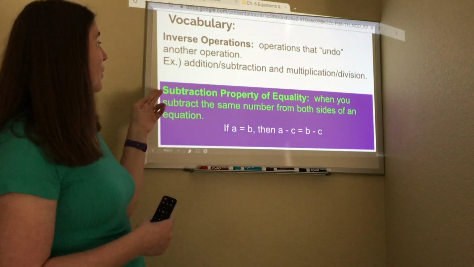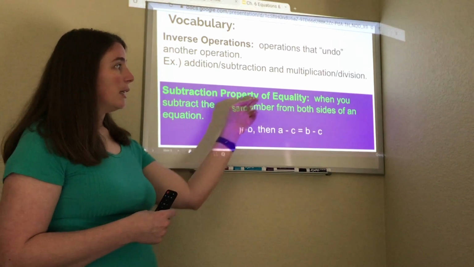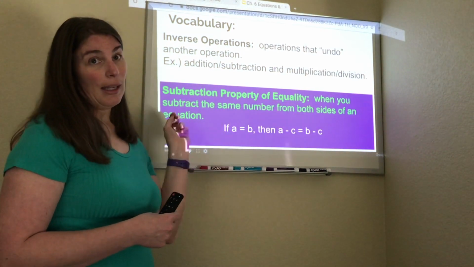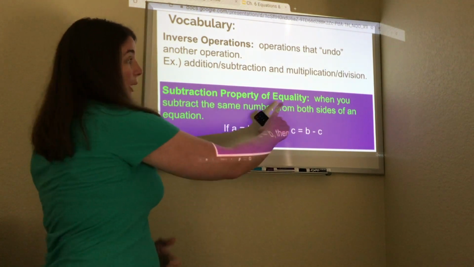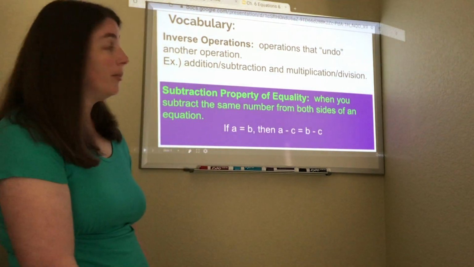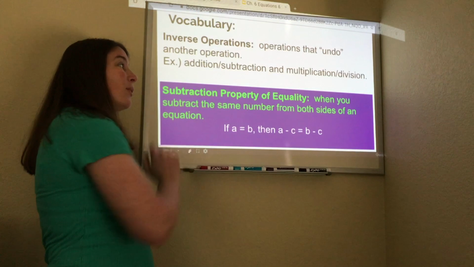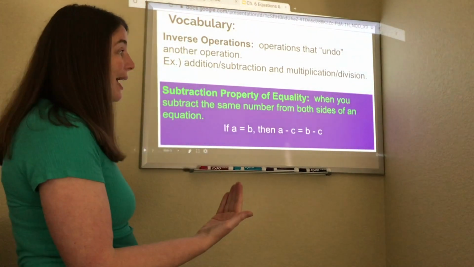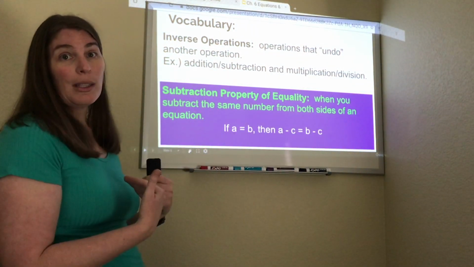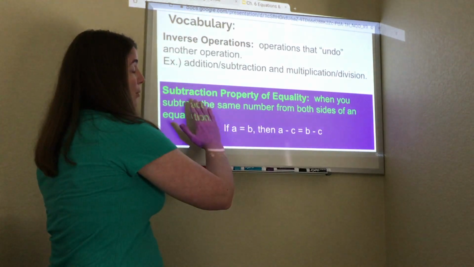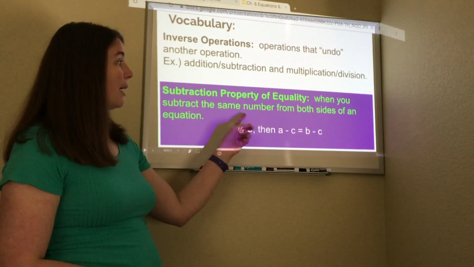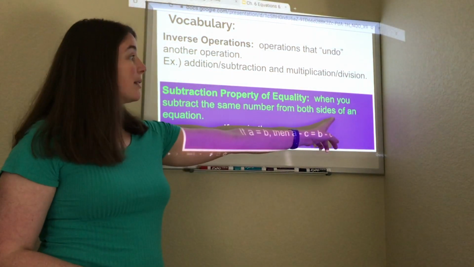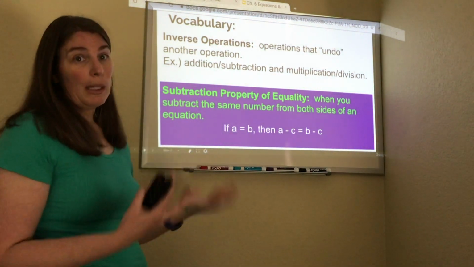Today we're going to be working on the subtraction property of equality. I'll say that again, subtraction property of equality. Equality means that it is equal, and we're going to be working with subtraction. What we do to one side, we have to do to the other, and that's what the subtraction property of equality states. When you subtract the same number from both sides of an equation, it'll still be equal.